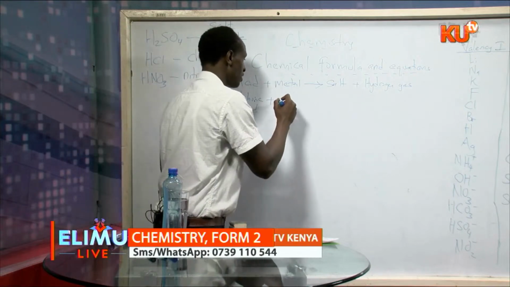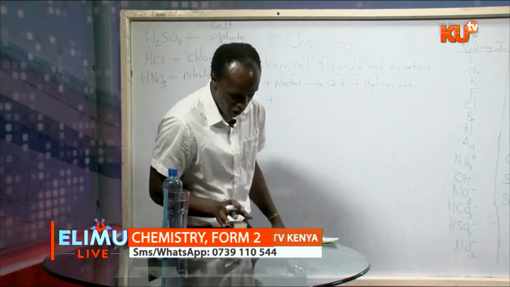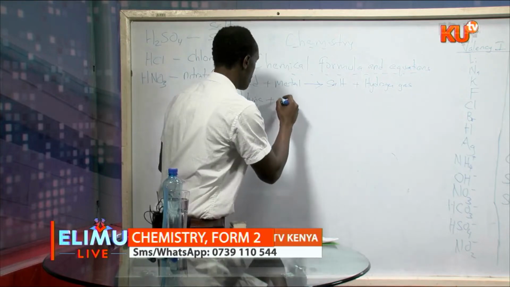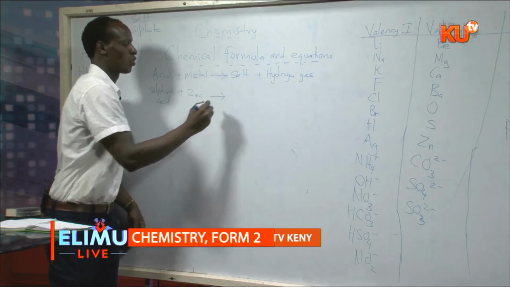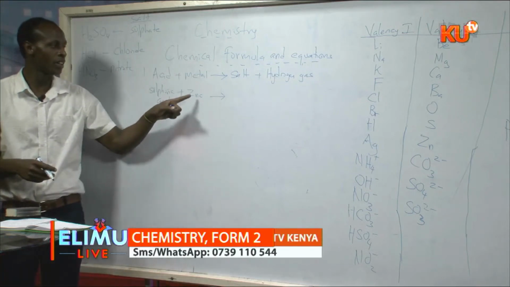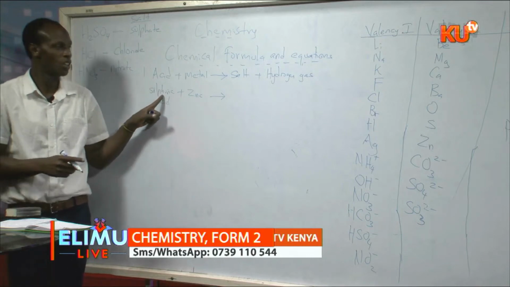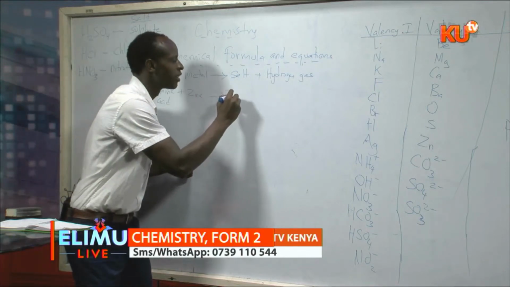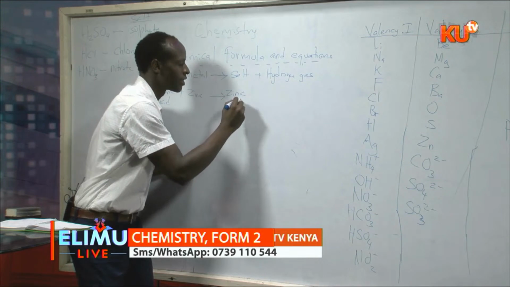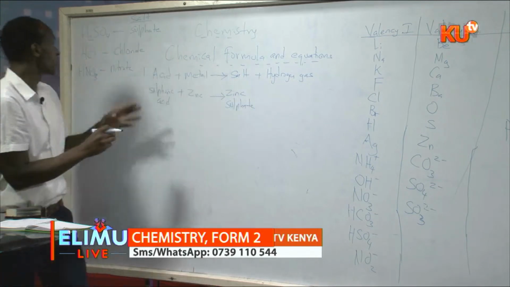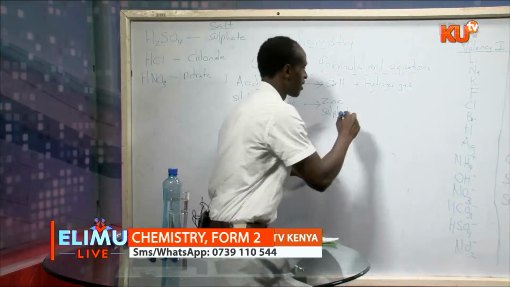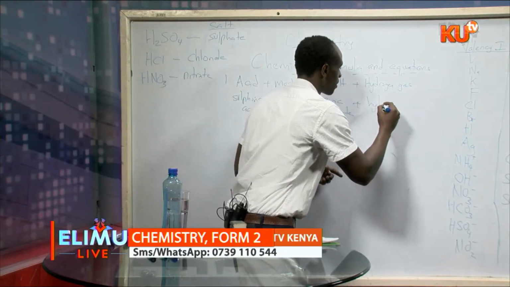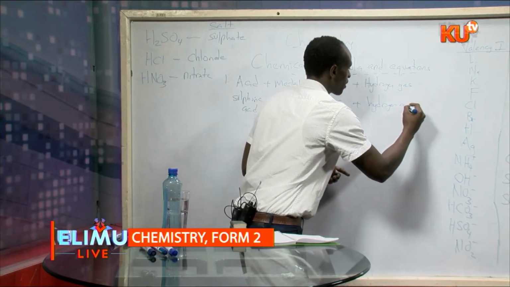Let's take sulfuric acid plus zinc. For the name of the salt, we take the name of the metal and the acid, so the salt will be zinc sulfate, because if it's sulfuric acid, the salt should be sulfate. Plus hydrogen gas.